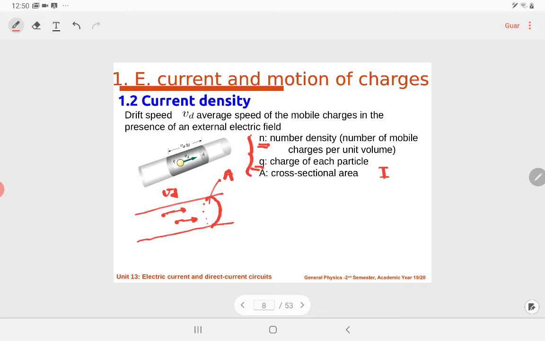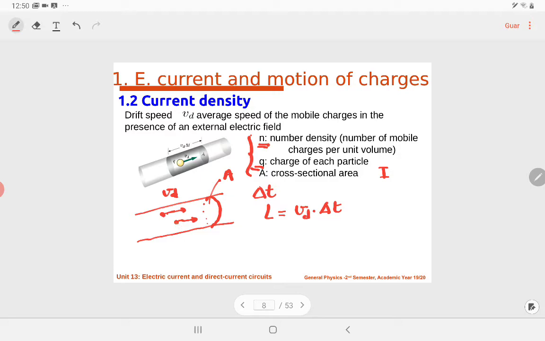with the drift speed. Okay, so imagine we pass some time, which is delta t. So the length that each of these mobile charges can move is going to be given by L equals Vd delta t. Okay, this is just a length.